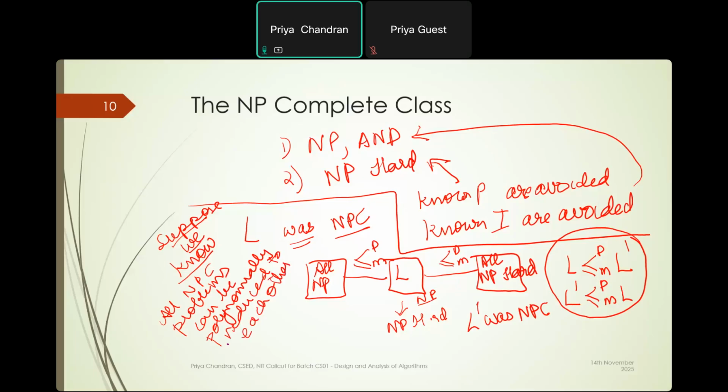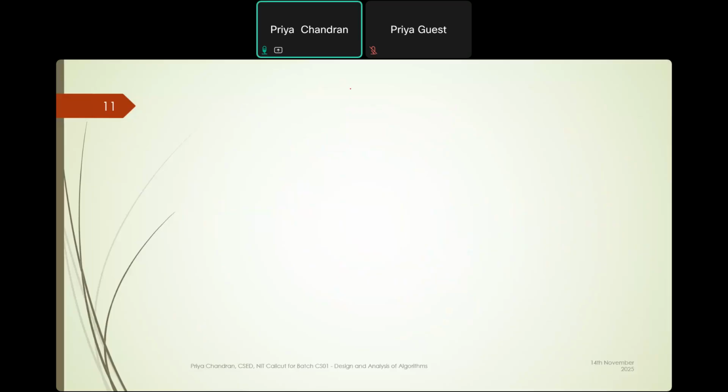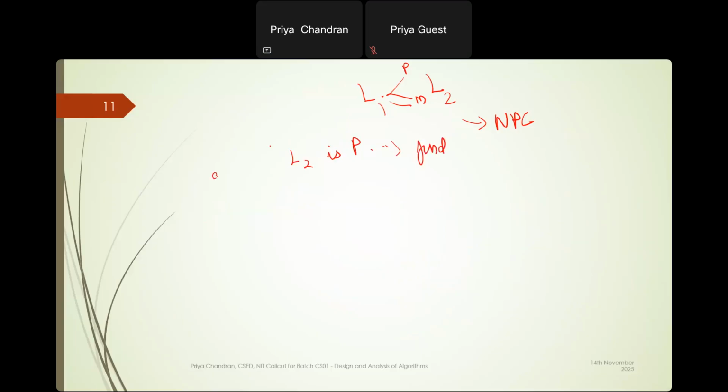That has very good implications. Suppose, as we said, L1 and L2 are two problems in NPC. Then if you make a discovery about one of them, say you discover that L2 is P, that is, you find a polynomial time solution to L2, because this is something great, that's why I'm calling it a discovery.